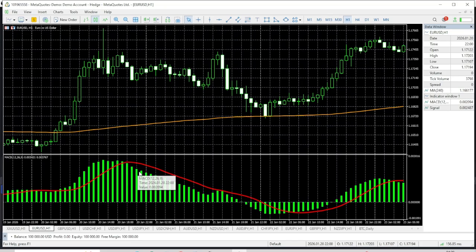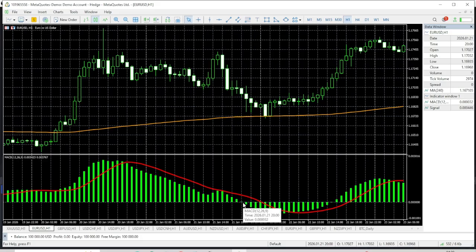So we see that the histogram bars are forming below the MACD signal line. The signal line is the red line. In case you do not know how MACD is used before, you can revert back to our previous videos. So we see that none crossed above again till they crossed the zero line.